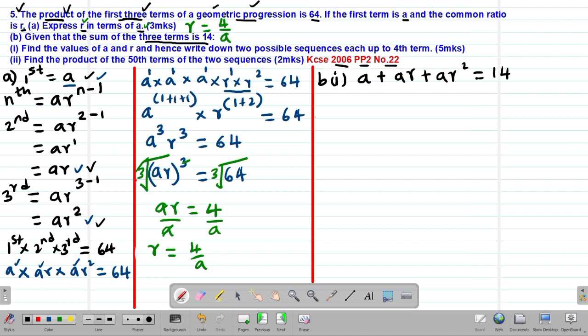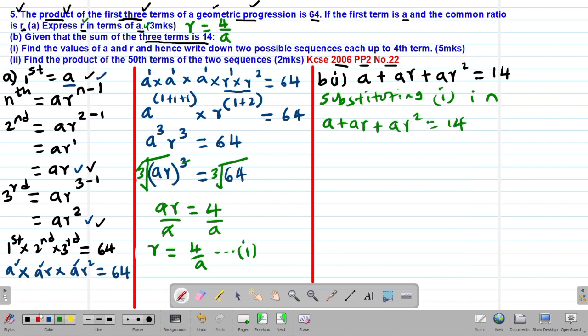To achieve this, I'm simply going to substitute. I can label this as my first equation, so let this be my equation 1. Then I'll substitute equation 1 in A plus AR plus AR squared equals positive 14.